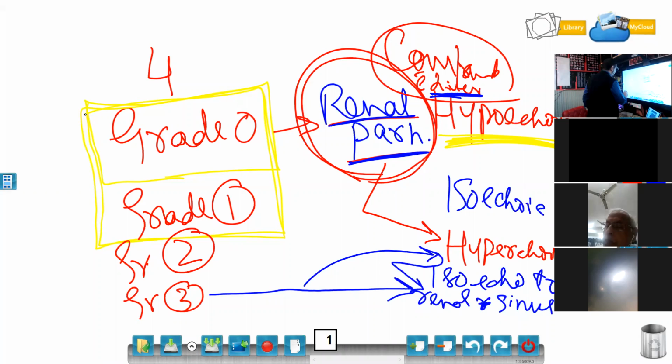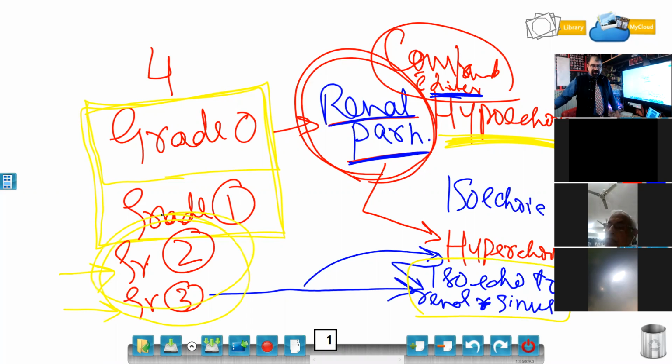So more than the liver will be grade second, and very high echogenic, when it is coming at par with the renal sinus, is grade third. Grade second and grade third, they are abnormal. So this way, you can grade the renal parenchymal echogenicity.